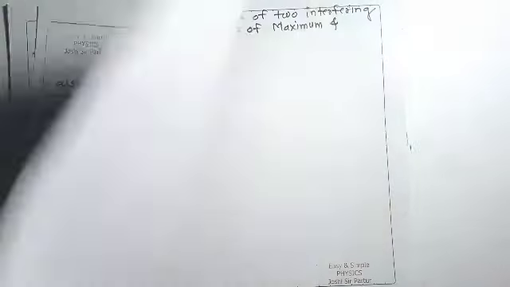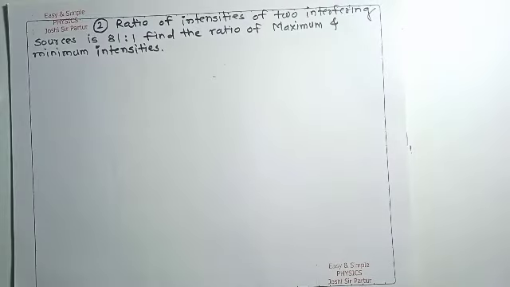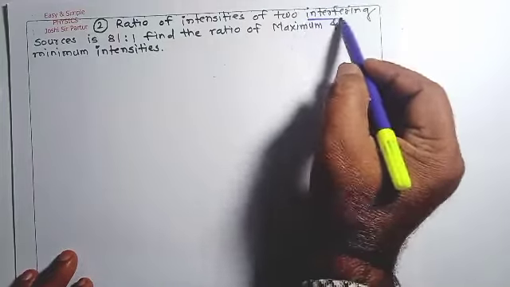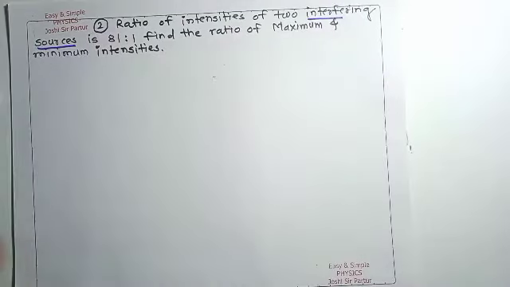See here, if we solve another question: the ratio of intensities of two interfering sources S1 and S2 is given as 81:1. Find the ratio of maximum intensity and minimum intensity.